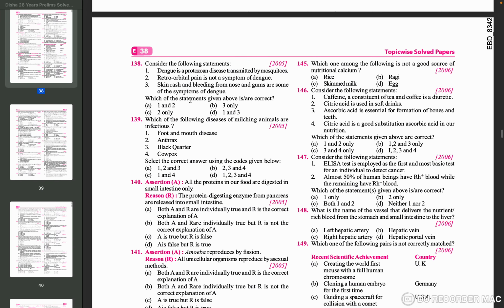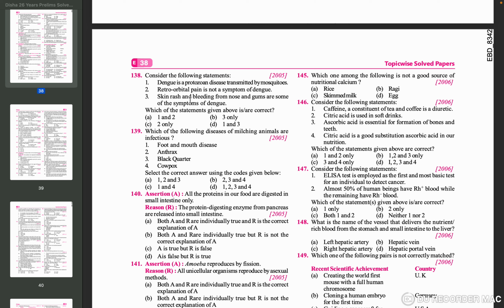So what we have learned, let me recall, and I am also writing them down.